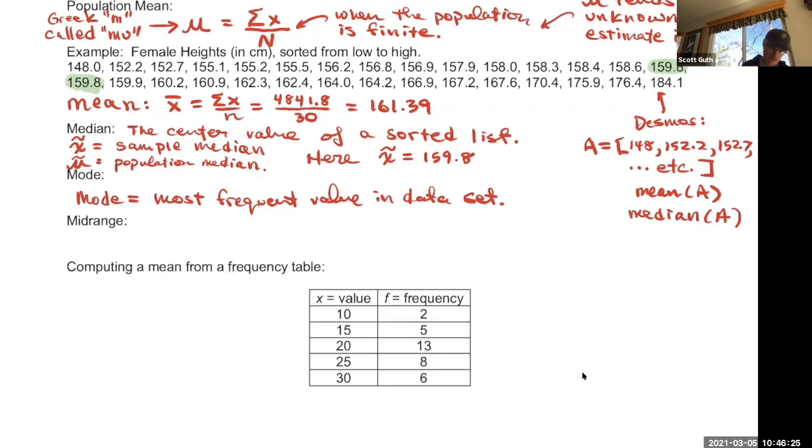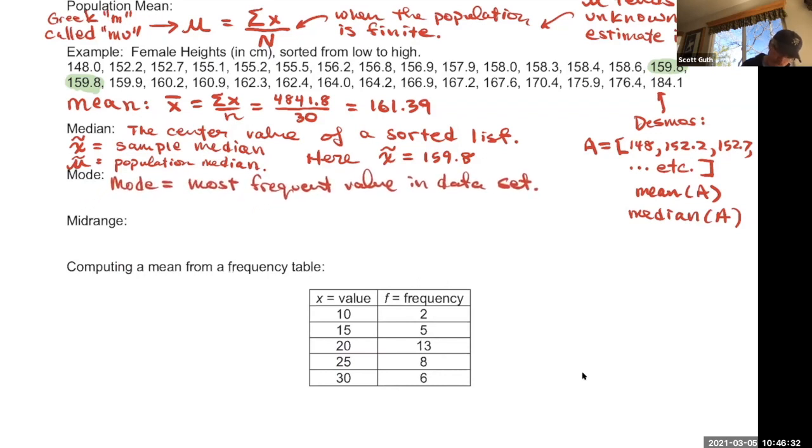Okay, so let's say this: our data set has 159.8 as the only repeating value.